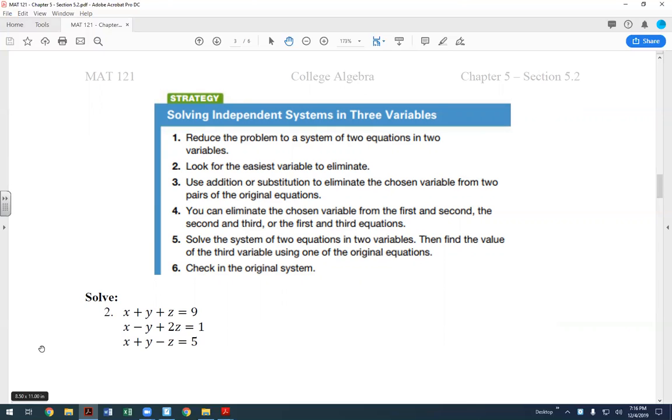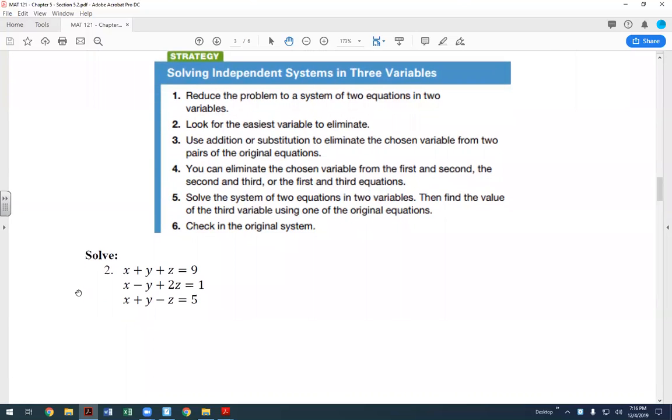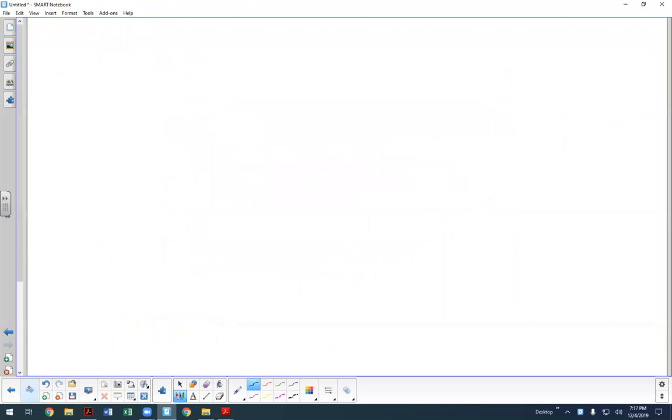Solve your system of 2 equations, find one variable, find the second variable, and for the third one, come back to one of the original equations. With this number 2, we are looking for one single ordered triple because this is an independent system.